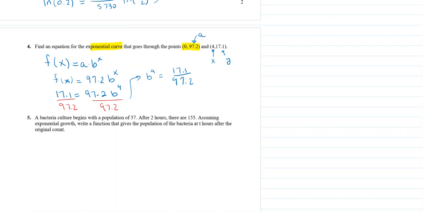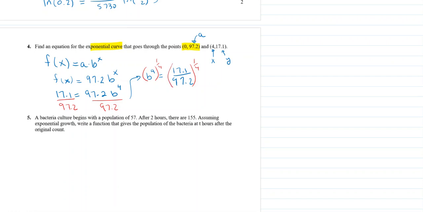Now, to get rid of that 4th power, we raise both sides to the 1/4 power. You can also write it as 4th root. Now, generally speaking, if I was just trying to solve this equation, I would have to put a plus or minus. That's what you do whenever you take an even root of both sides of the equation. But we're trying to find the base of an exponential function, and that can never be negative. So I am not going to put a plus or minus there.